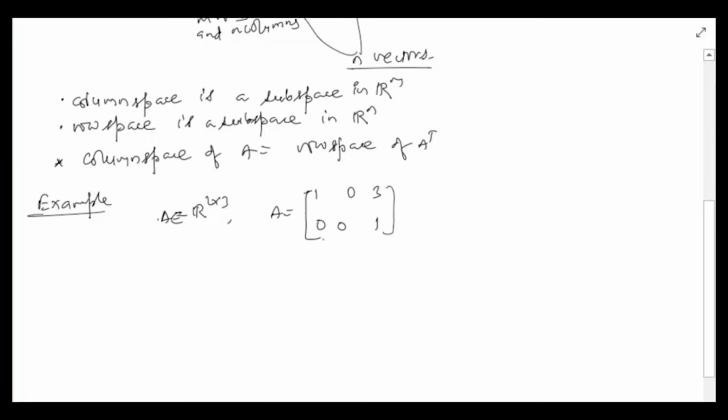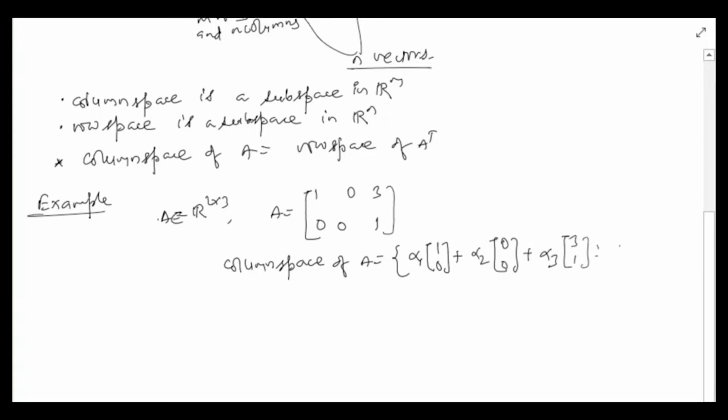So column space of A is the span of the three columns, that is, the set of all linear combinations of these three columns: alpha 1 times 1 0 plus alpha 2 times the second column plus alpha 3 times the third column, that is 3 1, where alpha 1, alpha 2, alpha 3 are real numbers. It can be seen that it is the entire R2.